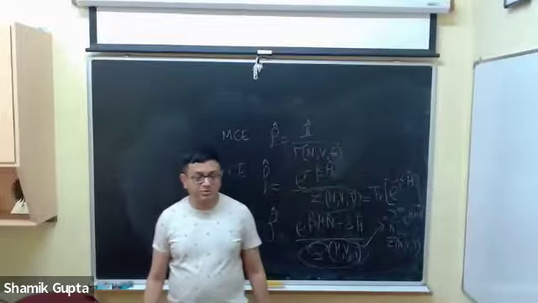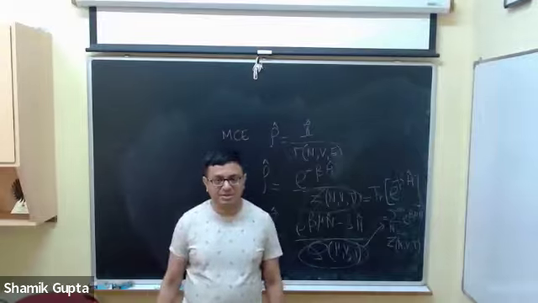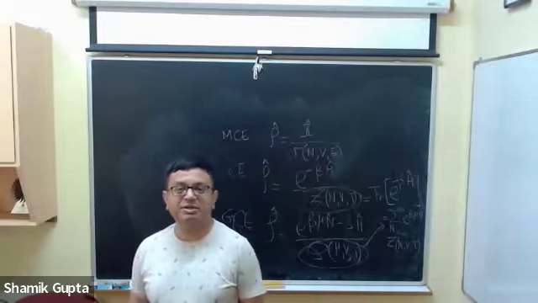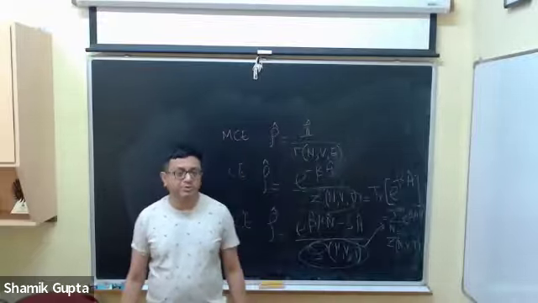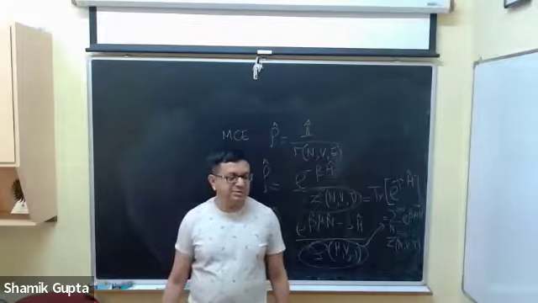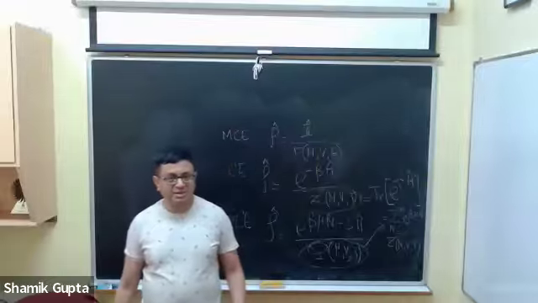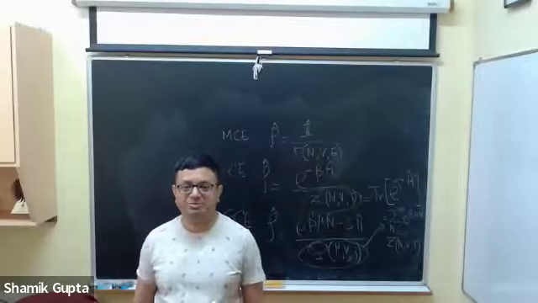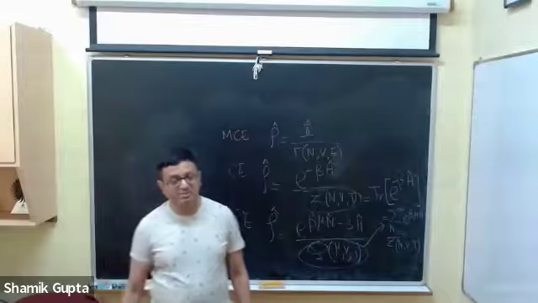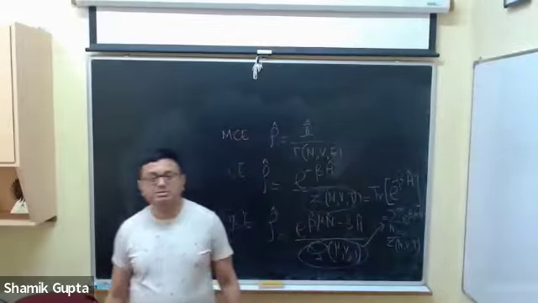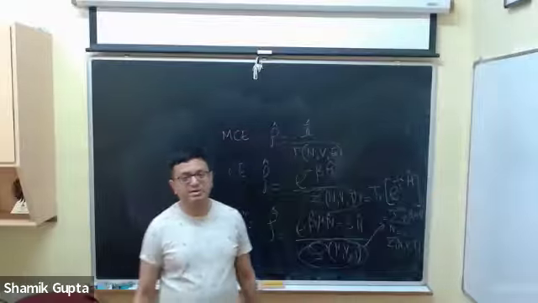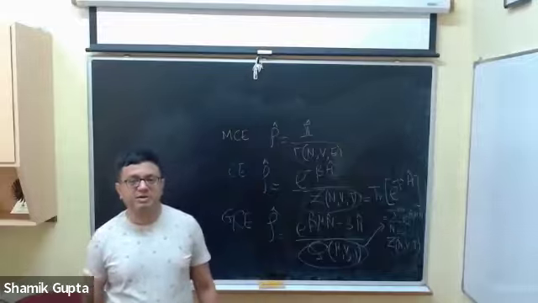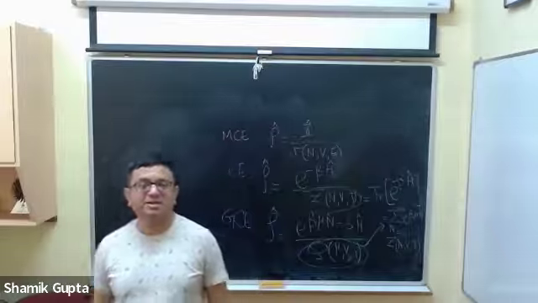Of course, there are many more things that one can talk about in statistical mechanics. We did not even touch the subject of how a system approaches equilibrium. We always assume that the system is in equilibrium, and then we study the properties of the system in equilibrium, but we did not touch upon the subject of how the system approaches equilibrium. This comes under the purview of kinetic theory.